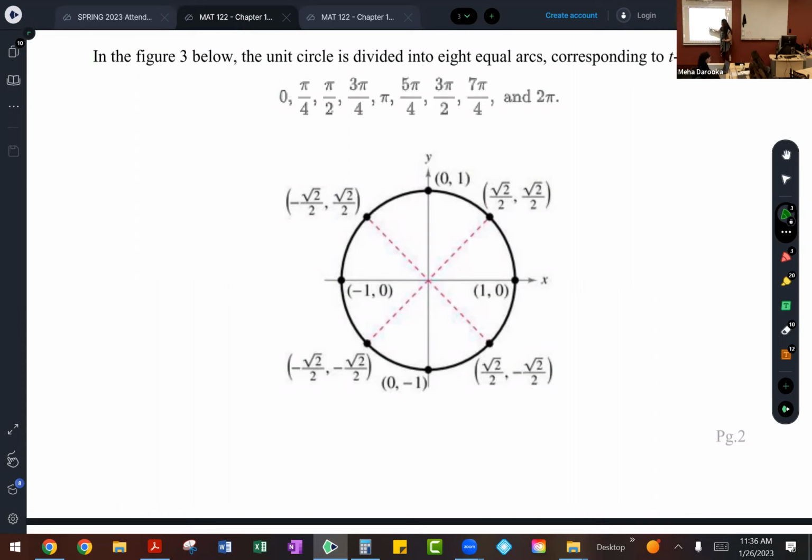If you think of this as the initial side, this is making a 45-degree angle, and it keeps doing that. So each one of these in one form or another represents a 45-degree angle or rotations of it. And you can see they correspond to square root of 2/2 for your x and y coordinates. Then depending on which quadrant it falls into, they may be positive or negative values.